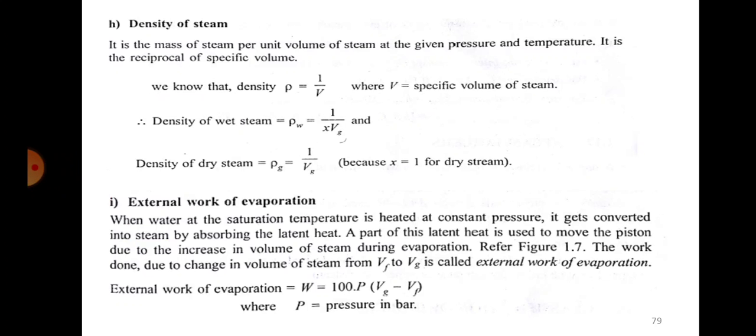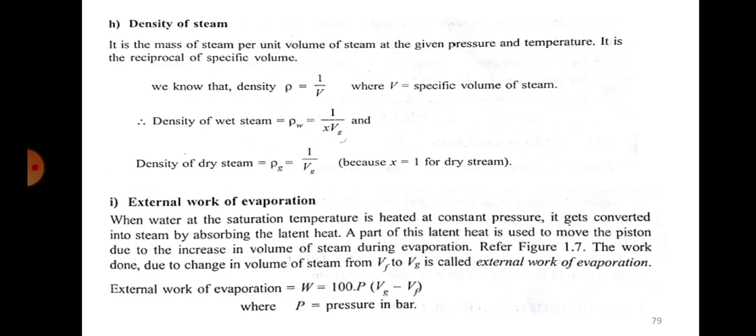Last one in this is external work of evaporation. What do you mean by external work of evaporation? When you heat a particular water or steam, it is the amount of energy required to lift that piston. If you remember the sketch I told you, where we have water and you place the piston and a weight on top of that, the amount of work or energy required to lift that piston upwards is called external work of evaporation.